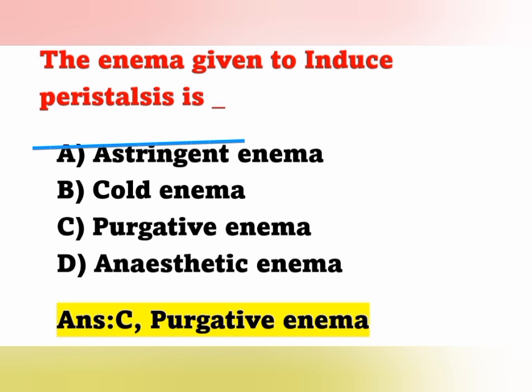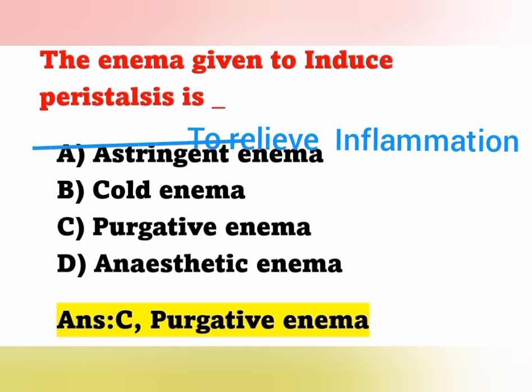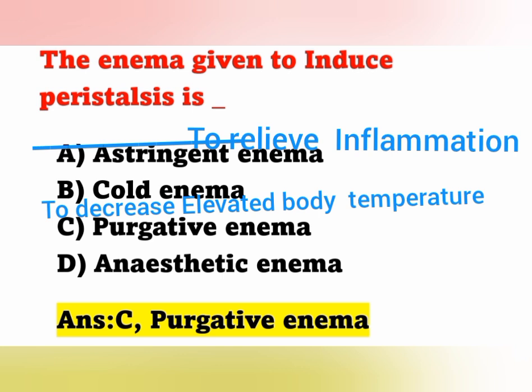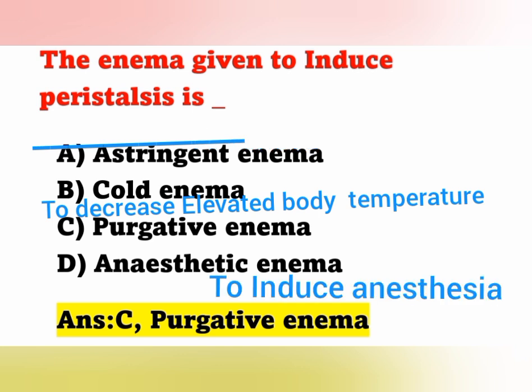This purgative enema mainly helps to stimulate peristalsis and causes evacuation of intestinal content, or evacuation of the bowel. So the correct answer is option C. The first option, astringent enema, is given to relieve inflammation. The second option, cold enema, is mainly given to decrease elevated body temperature.